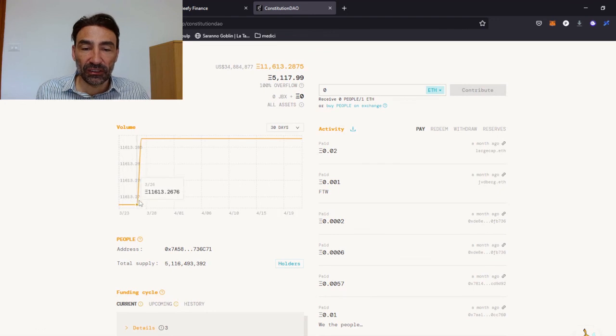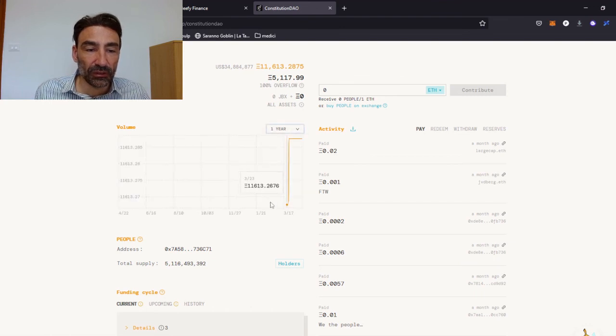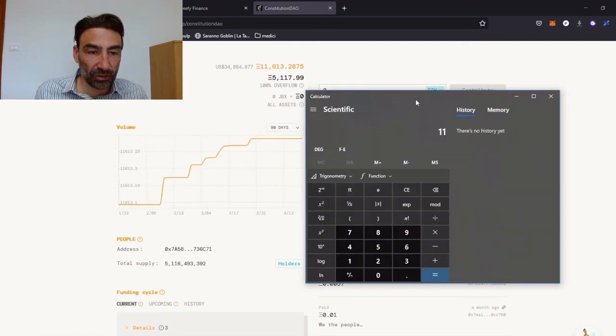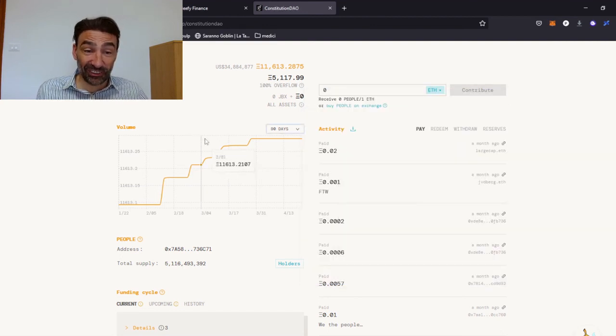You can see here, they managed to raise 11,613 Ether. An Ether is about $3,000 now. Well, $33 million. They were able to raise $33 million.